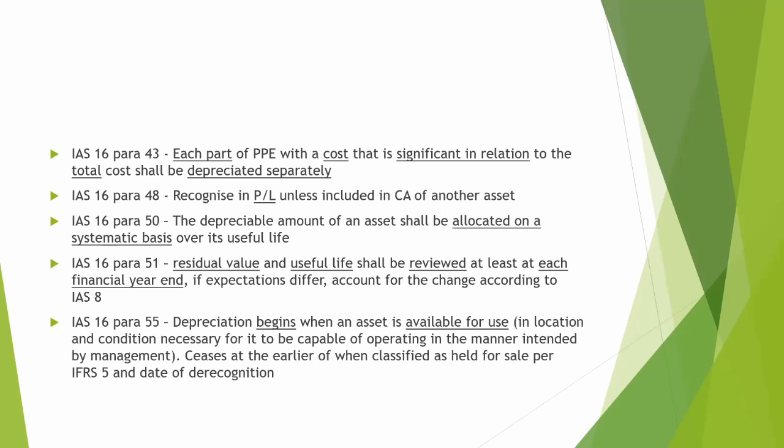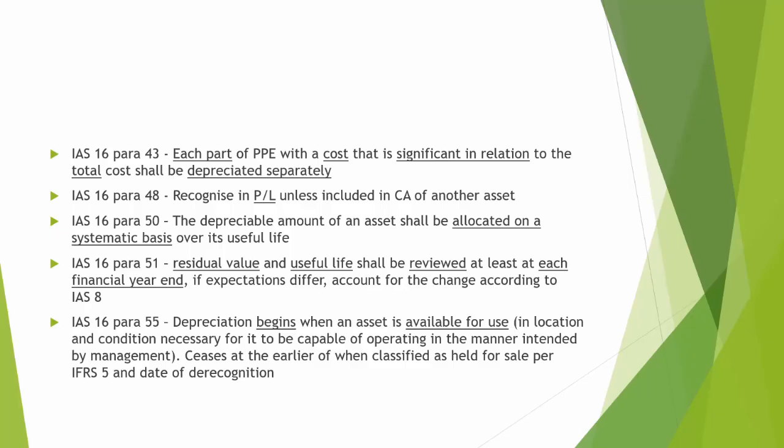Okay, we've already covered that we need to do each part of property, plant, and equipment. We need to depreciate it according to its components. That is covered through paragraph 43. In terms of our depreciation, when we process our depreciation, we will be debiting an expense. That is the general approach, which goes through profit or loss.